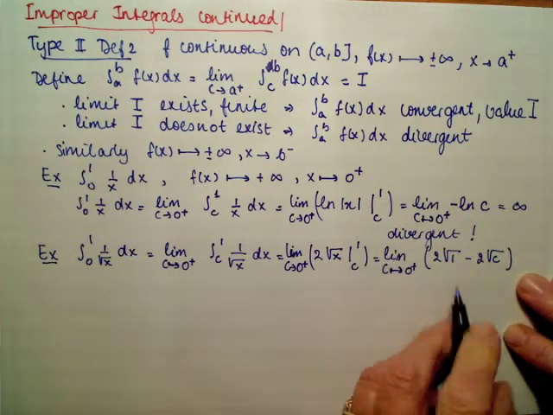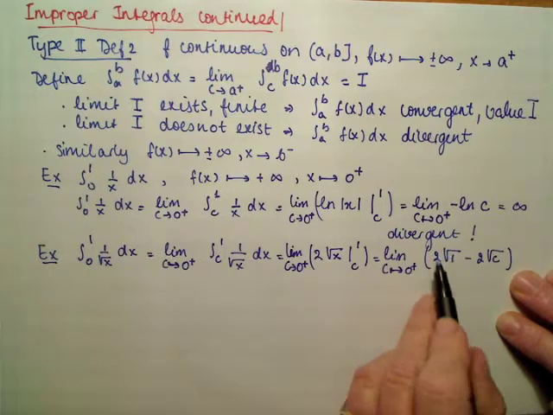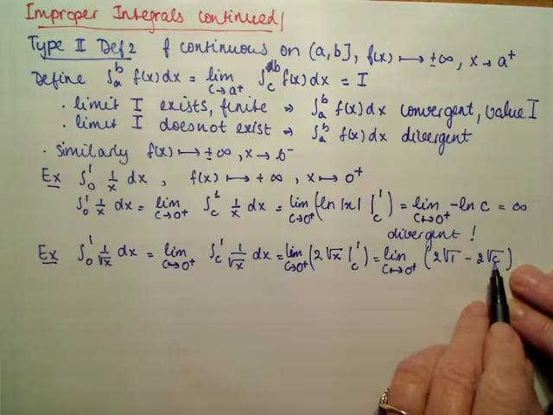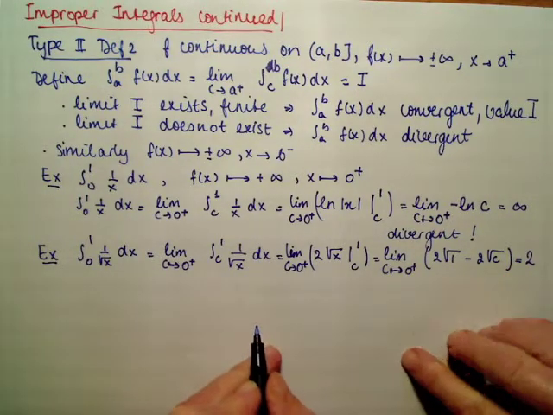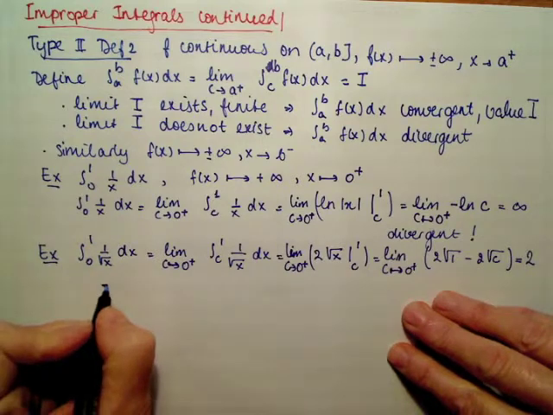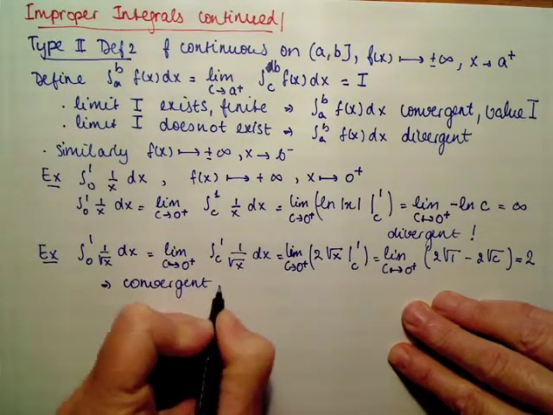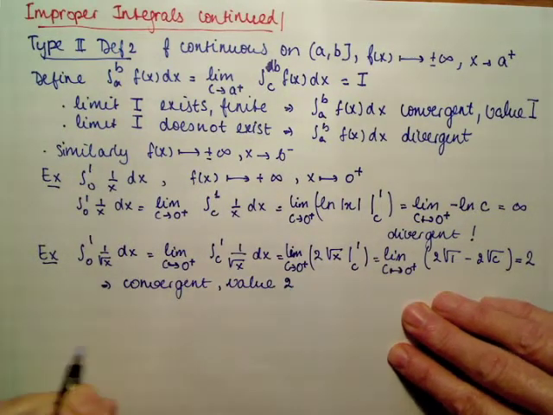We take the limit and get 2 times 1 minus 2 times square root of 0, which is 0. So we get 2 as an answer, and so we have a convergent improper integral with value equal to 2.